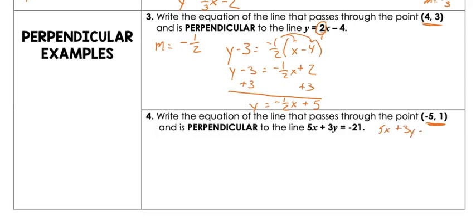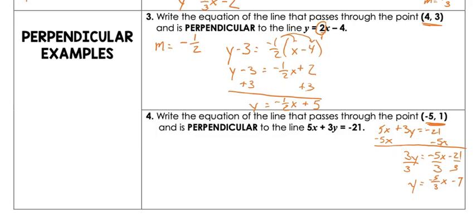I know that the first thing I'm going to do is get the 5x to the other side. So now I have 3y equals -5x minus 21. Divide everybody by 3. So y equals -5/3 x minus 7.